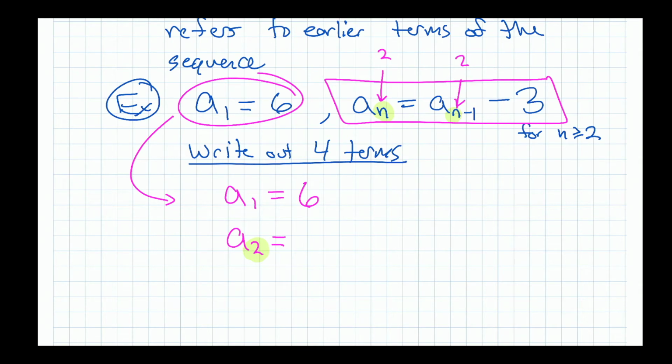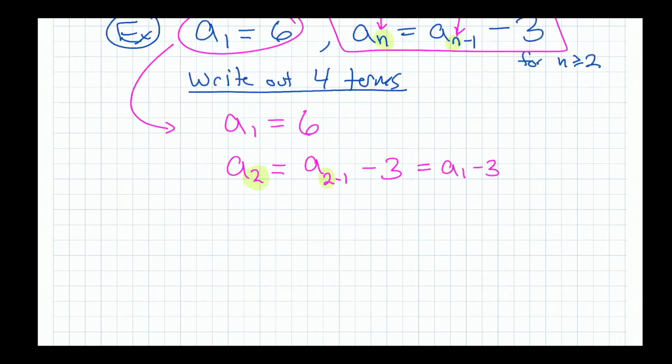So A2 is going to be A2 minus 1 minus 3. But that is simply A1 minus 3. But A1 minus 3, we know A1 is 6, right? They gave it to us. So 6 minus 3. So A2 is 3.